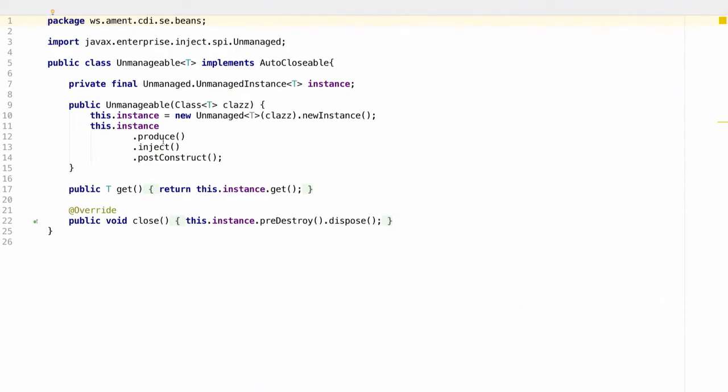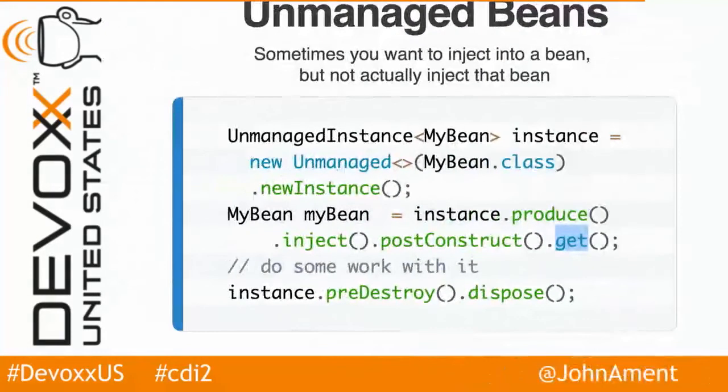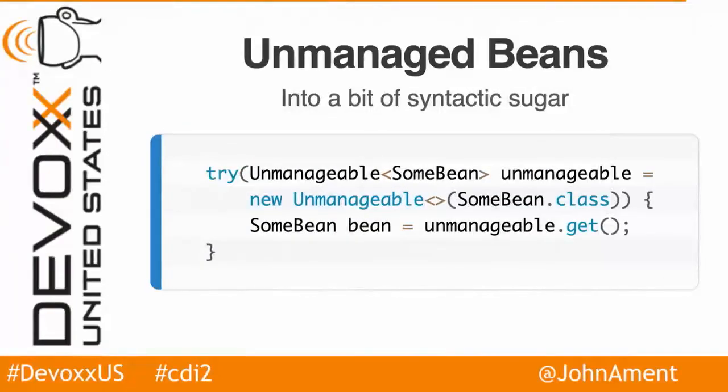You're always calling produce, inject, and post construct. You're allowing a user to get the underlying instance as well as destroying it automatically as part of the AutoCloseable chain. It makes it so that this lifecycle over here becomes a much easier to understand try-with-resources block to get you back that unmanaged object for whatever period that you need to use it for.